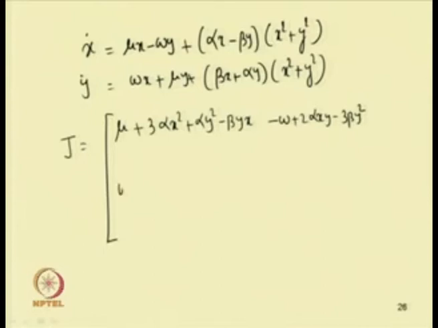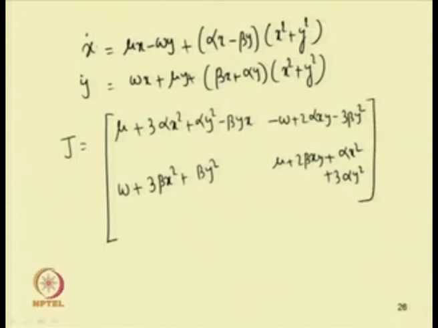The second equation becomes omega plus 3 beta x square plus beta y square plus 2 alpha x y, and mu plus 2 beta x y plus alpha x square plus 3 alpha y square.